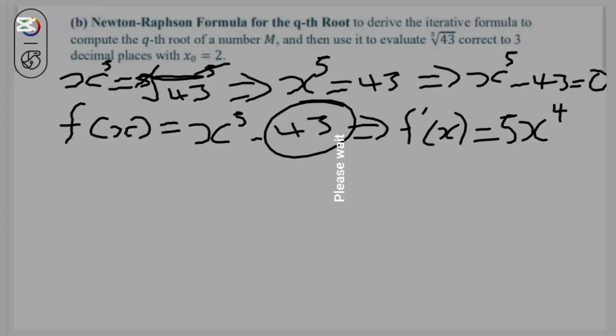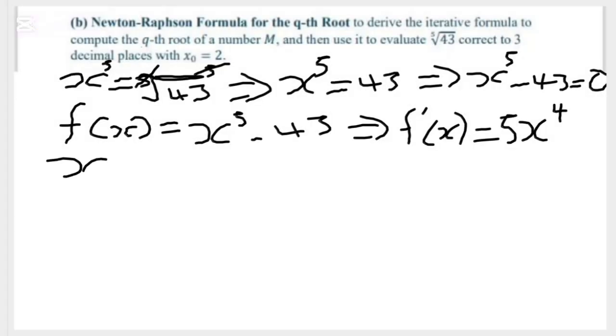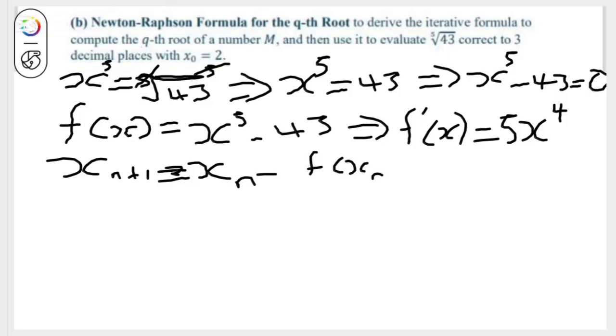So the formula for the Newton-Raphson method is x of n plus 1 equals x of n minus f of xn divided by f prime of xn.